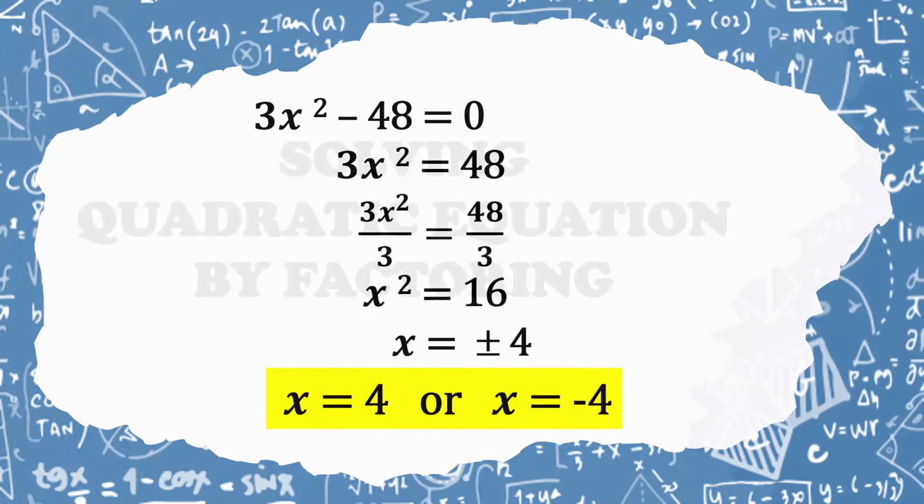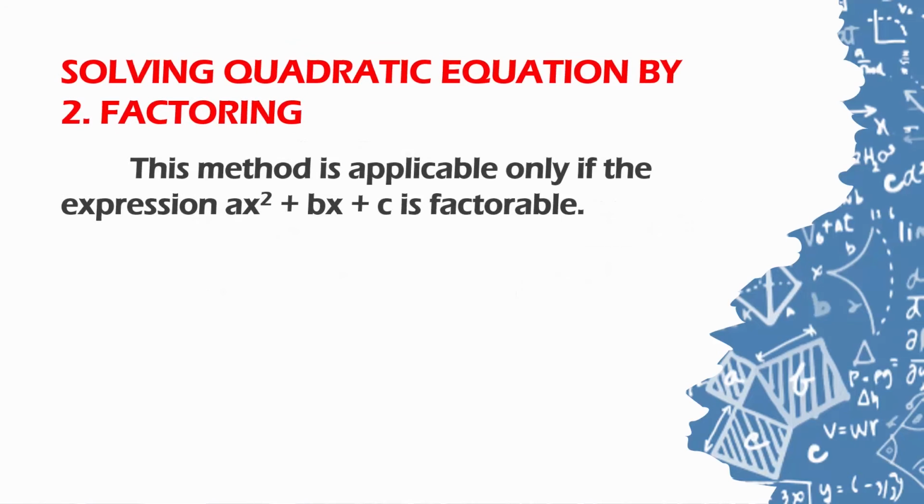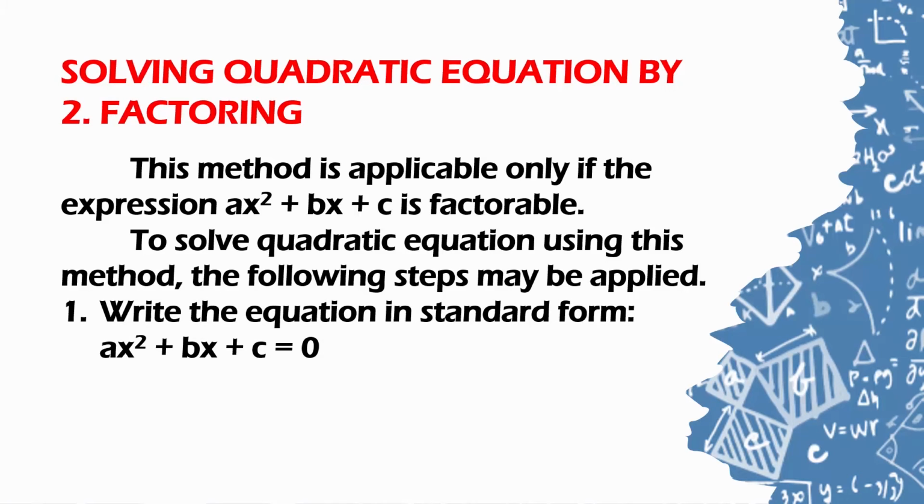Now, let us proceed with the second method, that is solving quadratic equations by factoring. This method is applicable only if the expression ax squared plus bx plus c is factorable. To solve the quadratic equation using this method, the following steps may be applied. Number 1, write the equation in standard form, and that is ax squared plus bx plus c equals 0.